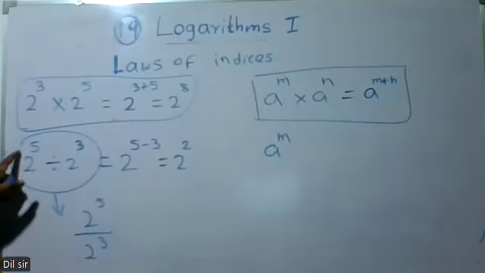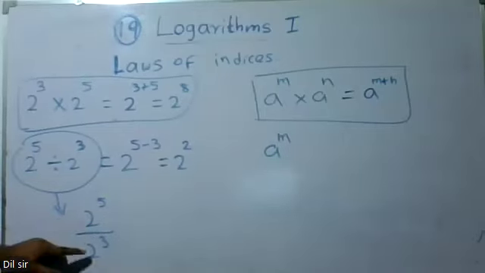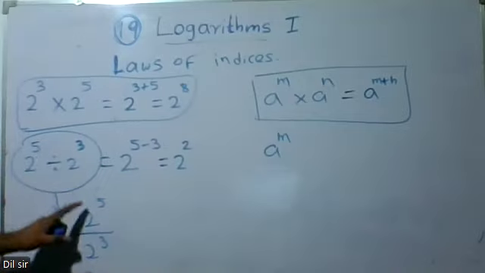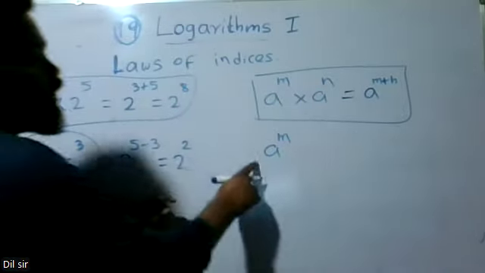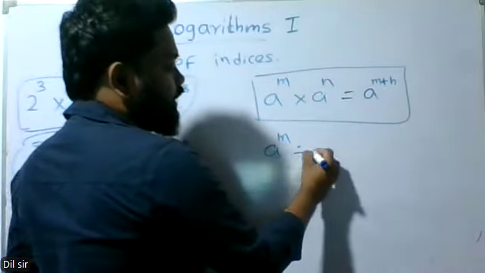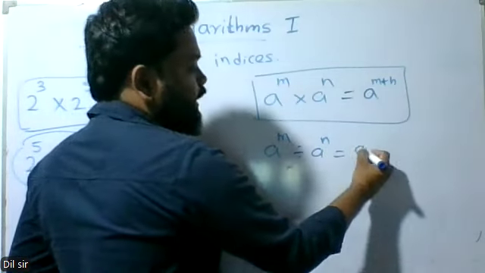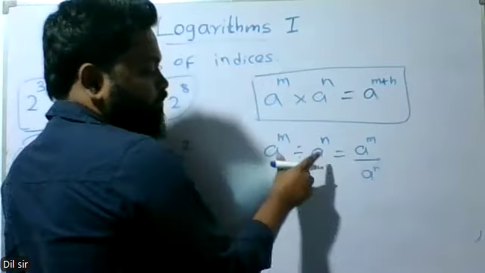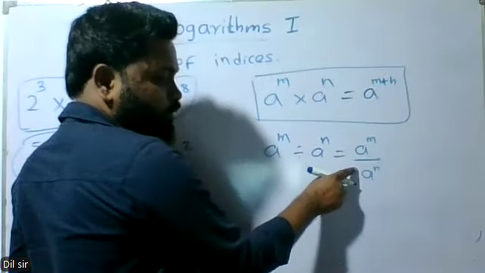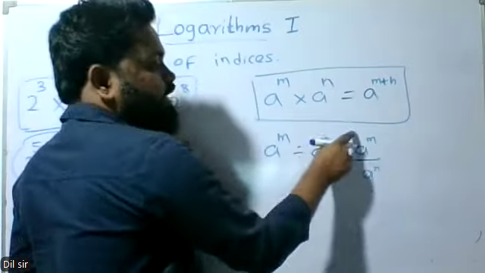This value divided by the other power. මේ division එකෙන් පුතේ fraction එකක් විදිහට ලියන්නත් පුළුවන්. එහෙනම් බලන්න. A to the power m divided by a to the power n equals a to the power m over a to the power n. මේ division එකෙන් පුතේ මෙහෙමත් ලියන්න පුළුවන්. We can write this division as a fraction.